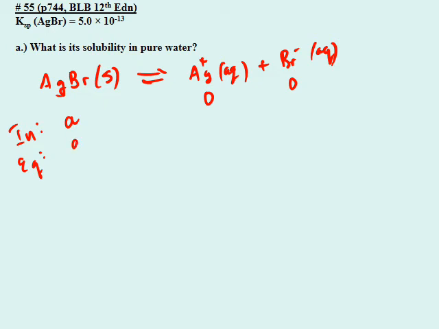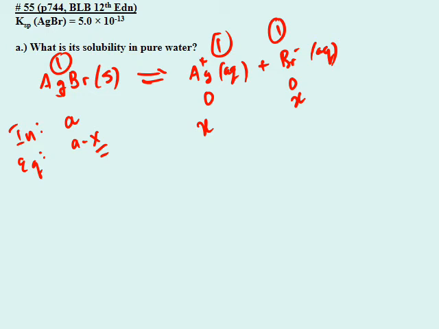So A minus X would be the leftover of the solid. If one silver bromide breaks down, you get one silver plus and one Br minus. If X breaks down, that gives you X of silver plus and X of Br minus. And remember, X, the amount of solid that goes in water solution, is the solubility, because that's the maximum it can go in water solution before it reaches equilibrium.